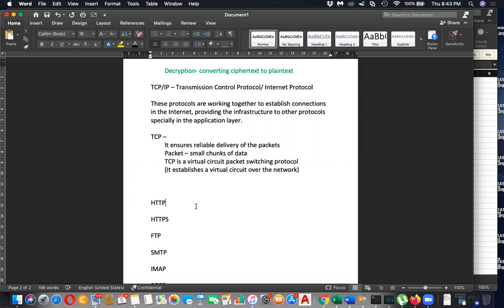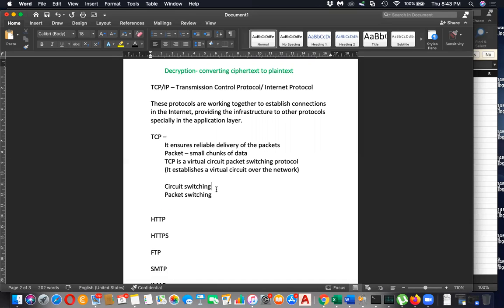So what is circuit switching? And what is packet switching?